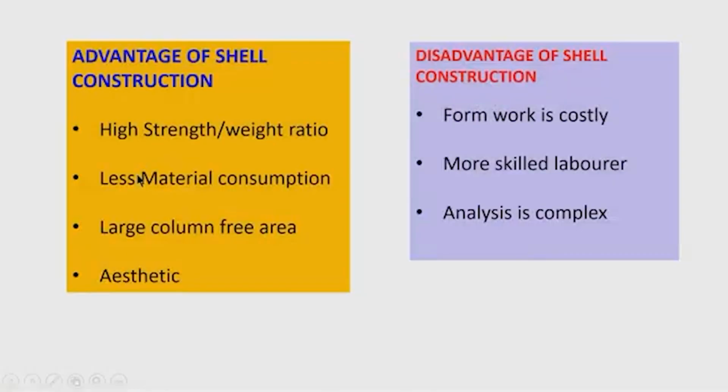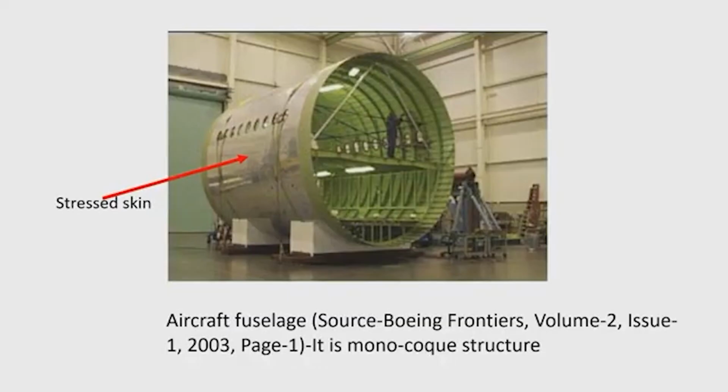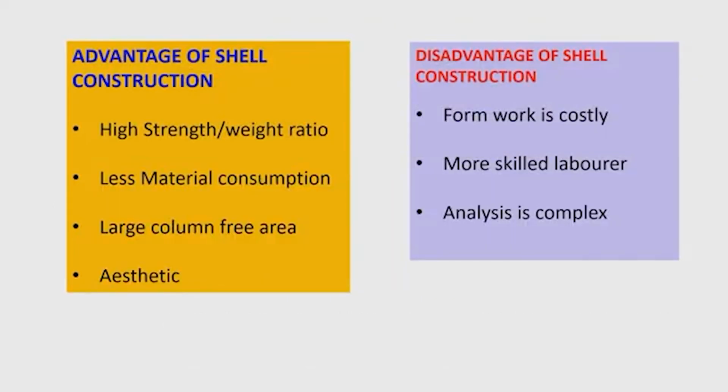But material consumption in the case of shell is very less, and therefore, it is preferred, it becomes economic, and a large column free area is available, one advantage that you have seen here in the marketplace, where no column is there inside and it is supported on the periphery only. So, the users, that is people, will not be obstructed by intermediate columns. So, that is one important aspect of shell construction, a large column free area.